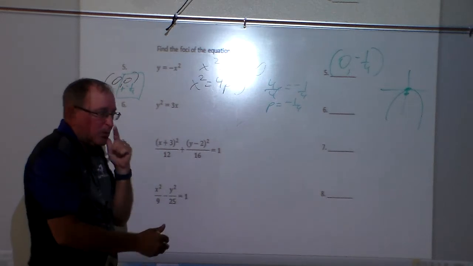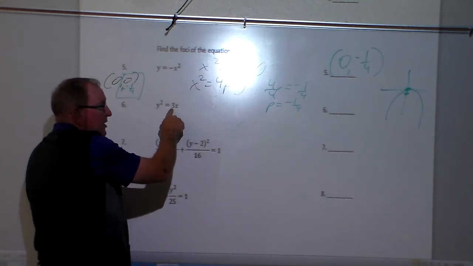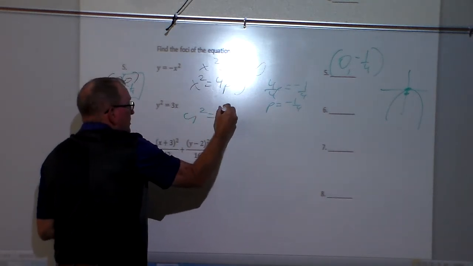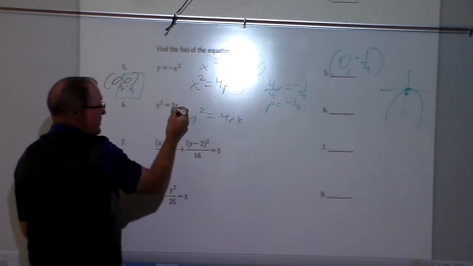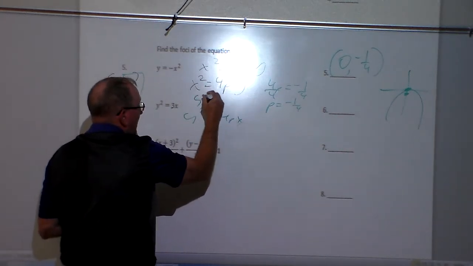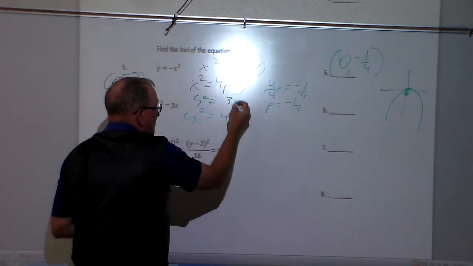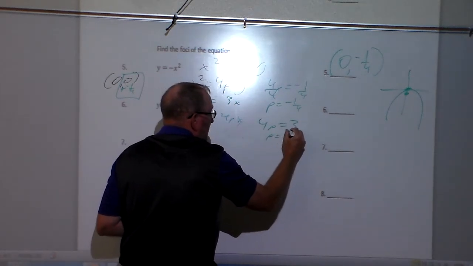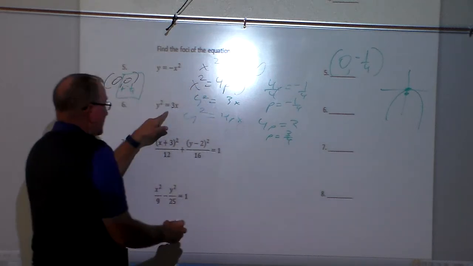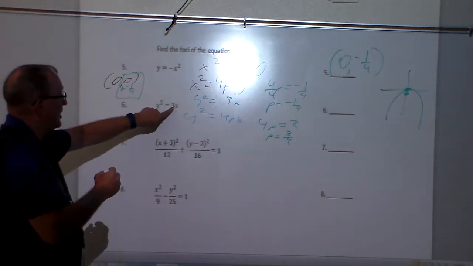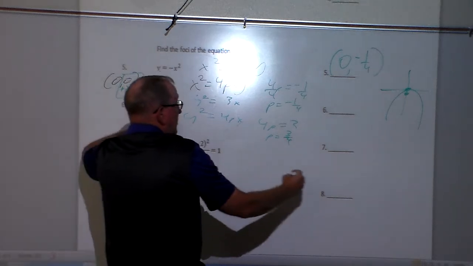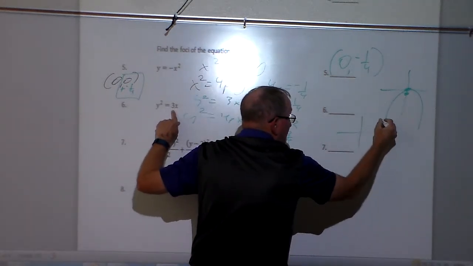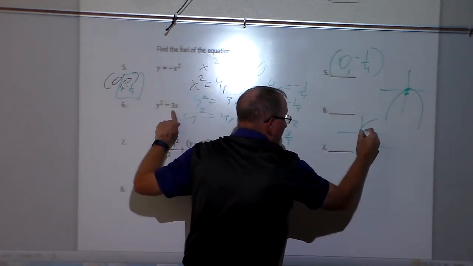And if I use that shortcut, the same thing's true here. This one's a y squared equals 4px. Well, notice, that's 3 right above it: y squared equals 3x. So basically, 4p equals 3, divided by 4, so p is 3/4. So this particular graph, I know this is a y squared. It's going to look like that with the center at 0, 0.